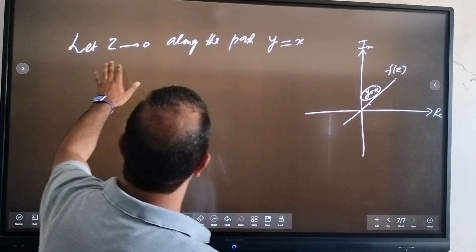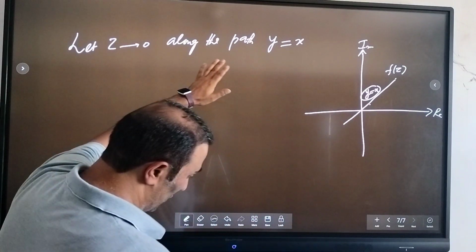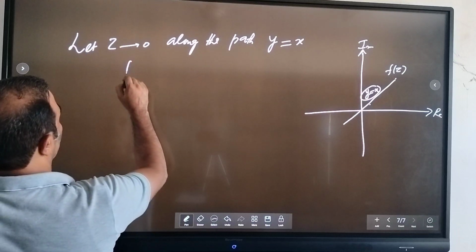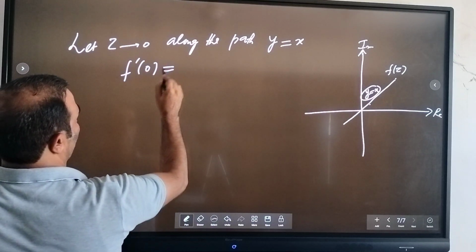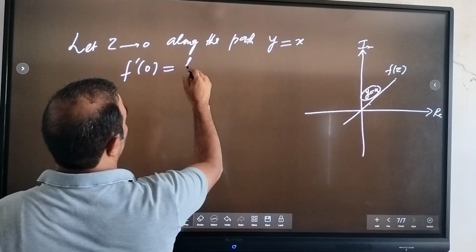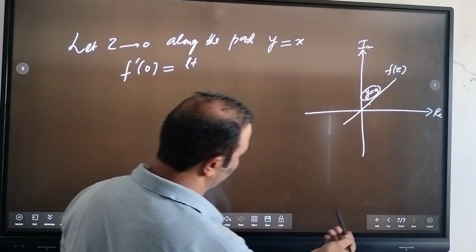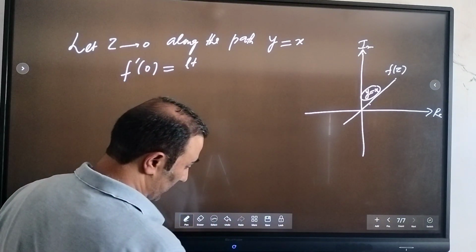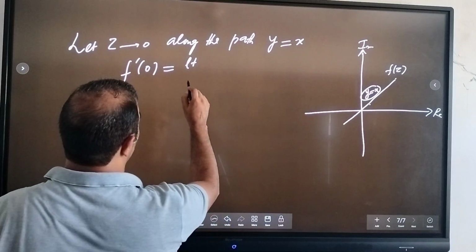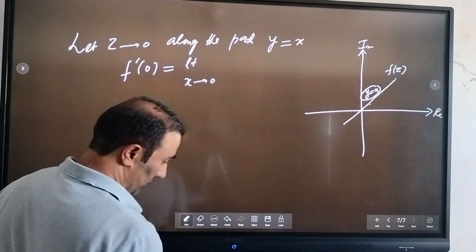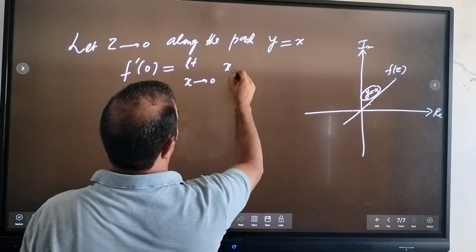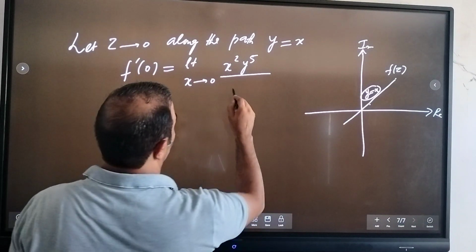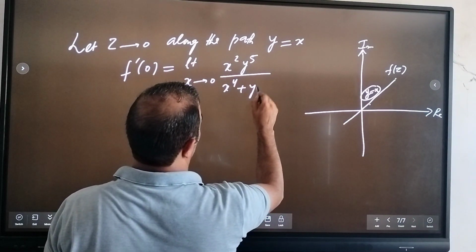So first is that when z tends to 0 along the path y equal to x, what will be our value? So what's our f dash of 0 in that case? f dash of 0 will be the limit, because y equal to x, and I am saying that z tends to 0, so you can write limit x tends to 0 here, of x square y raised to power 5 upon x raised to power 4 plus y raised to power 10.